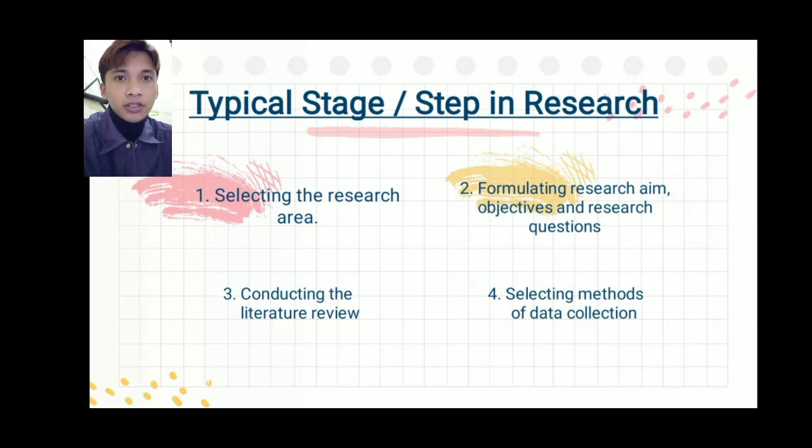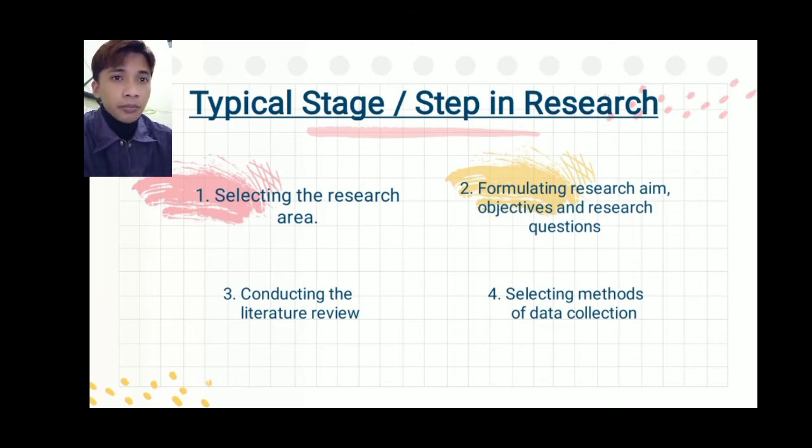The third is conducting the literature review. The literature review is usually the longest step in the research process. Actually, the literature review starts even before the formulation of the research aim and objective, because you have to check if the same research problem has been addressed before.